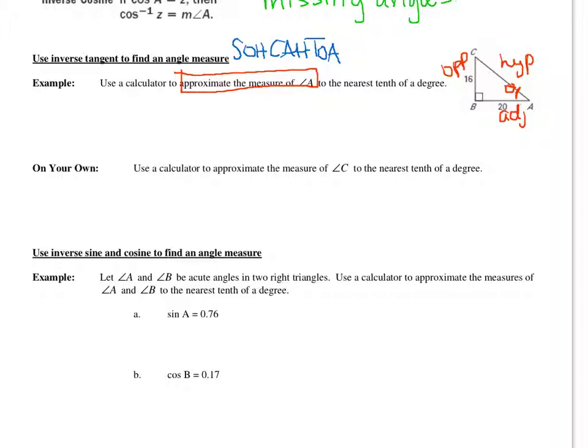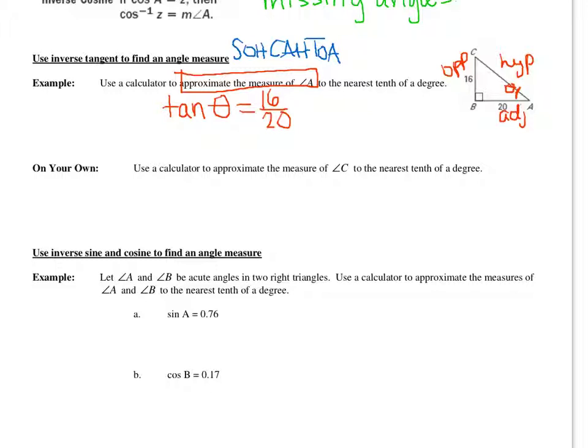So we're going to say the tangent of our angle, theta, equals opposite, which is 16, over adjacent, which is 20. So I'm trying to find my angle, and I just told you use inverse tangent, inverse sine, and inverse cosine to find missing angles. I think of this as like solving an equation.